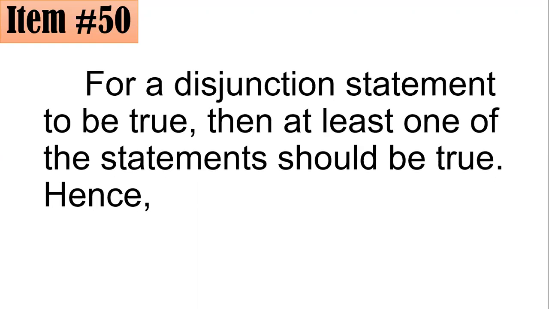To make it simple for everyone, for a disjunction statement to be true, at least one of the statements should be true. If you have two or more, as long as at least one of them is true, even with many false ones among the propositions, it is true as a whole.